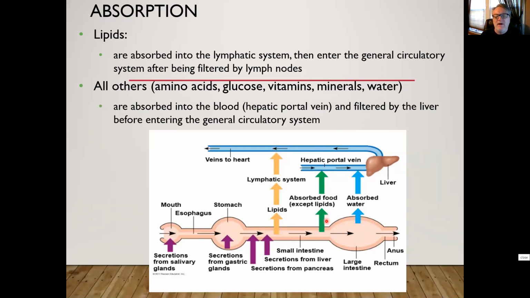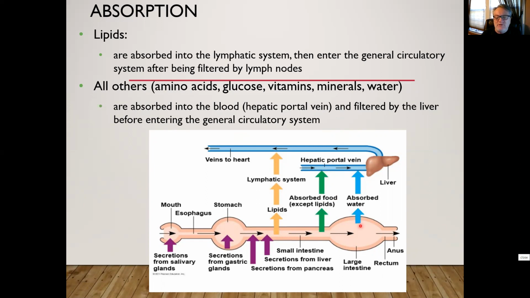But everything else except lipids, so that means peptides, amino acids, the glucose, the fructose, the vitamins, and most of the minerals, will be absorbed into the hepatic portal vein, directly into the blood system.